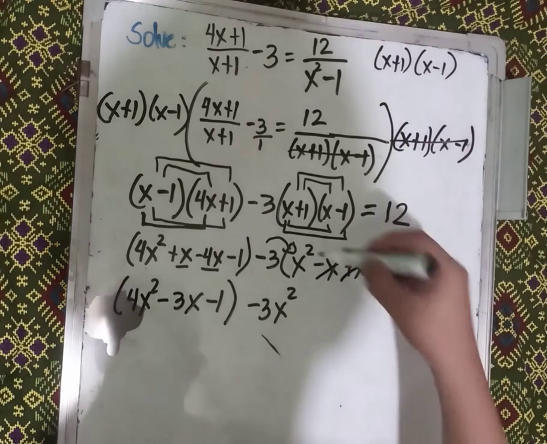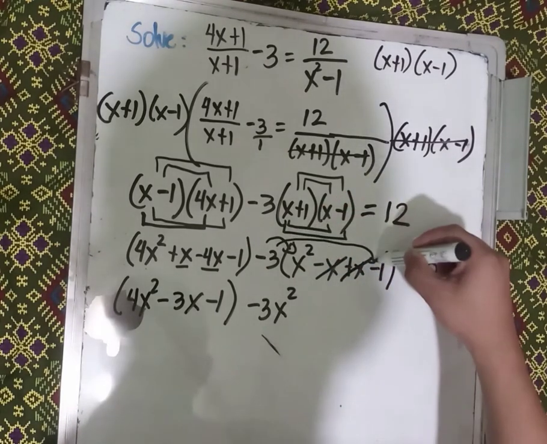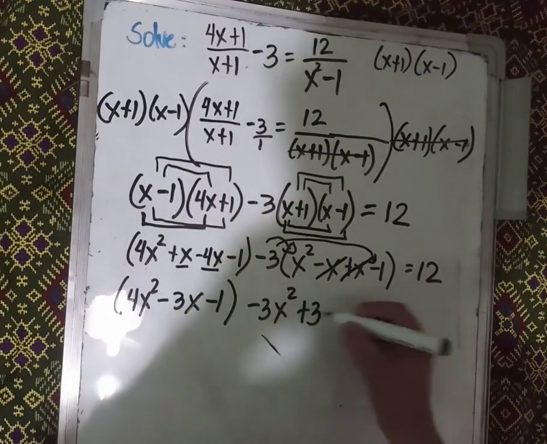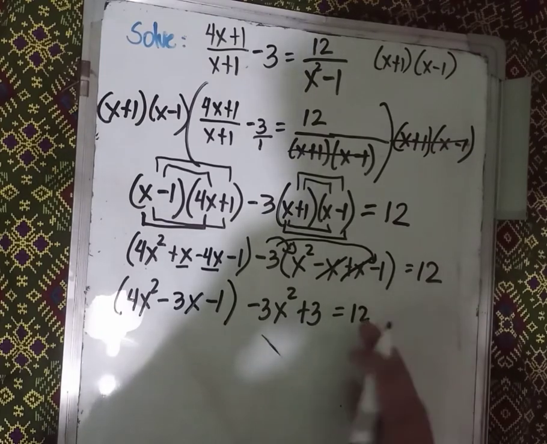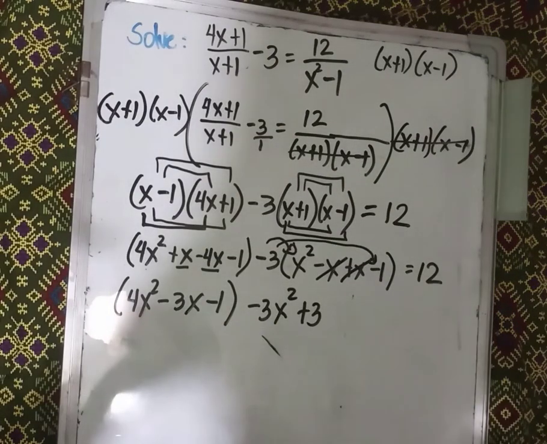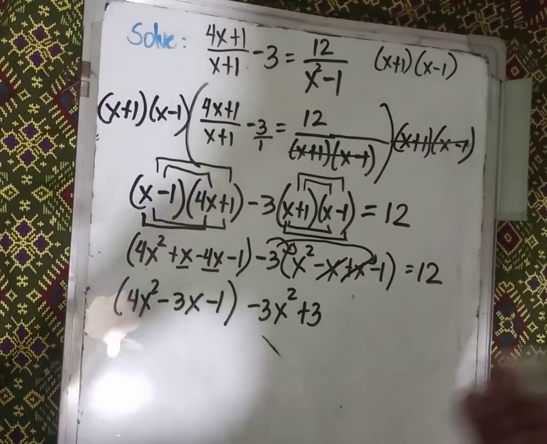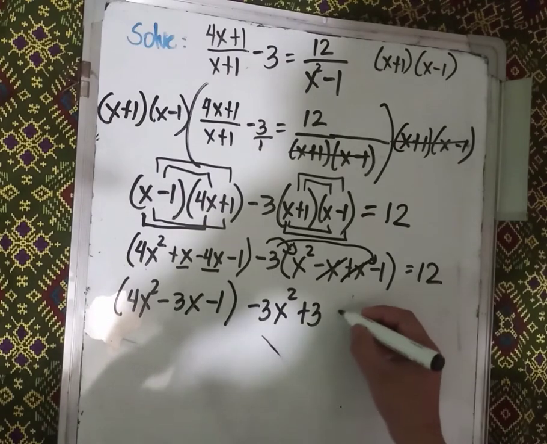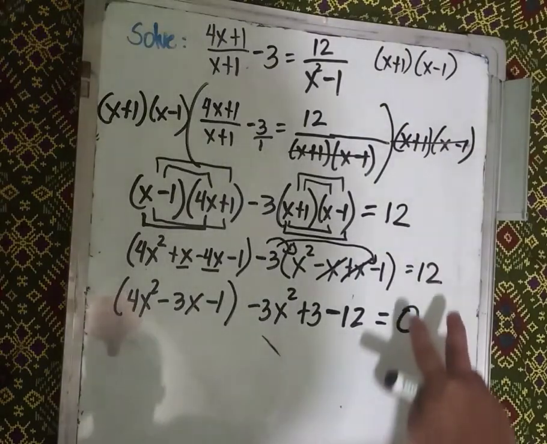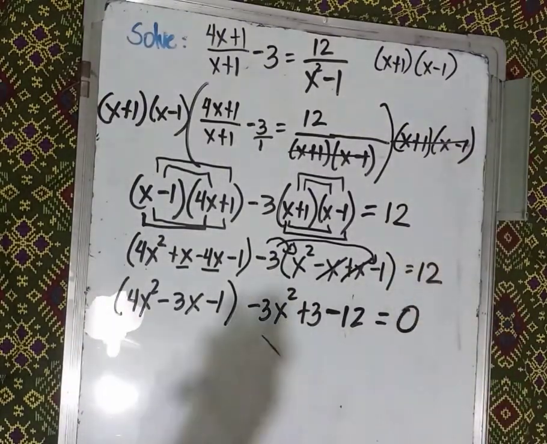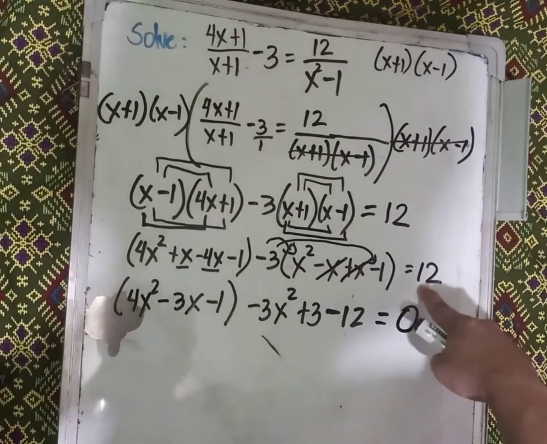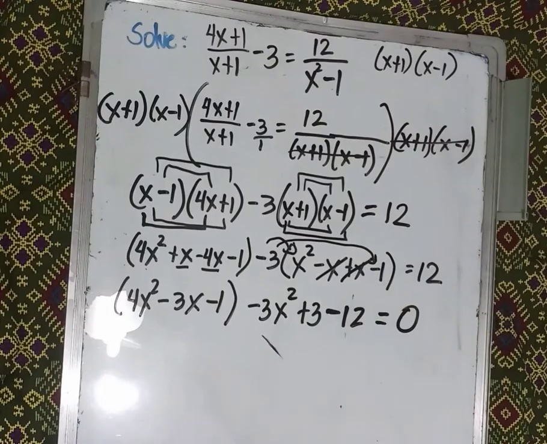So remaining value is negative 3 times negative 1. Negative times negative, that is positive 3, equals 12. Or i-transpose natin positive 12 to the other side. So magiging negative 12 equals 0. If you transfer positive to other side, magiging negative yan. Pag negative ang 12, pag i-transfer mo yan, magiging positive 12.